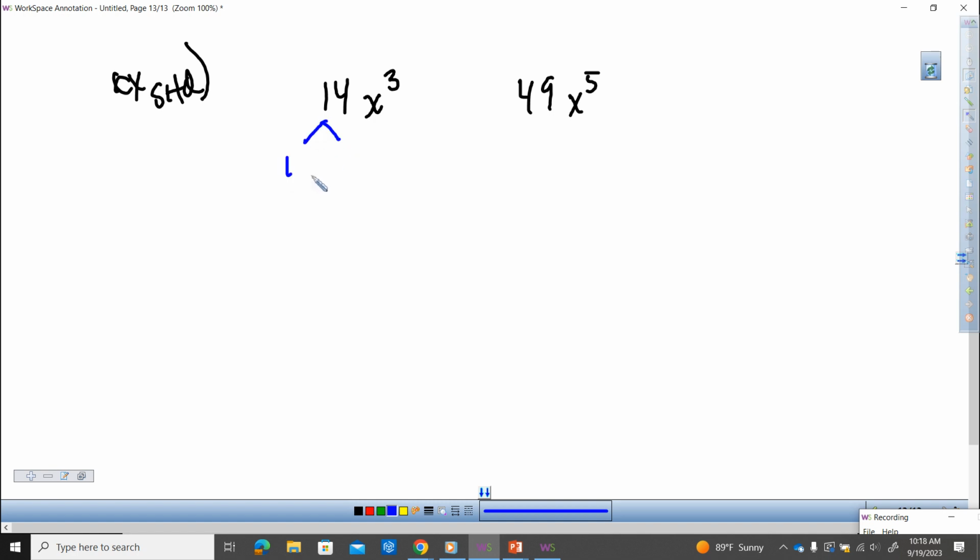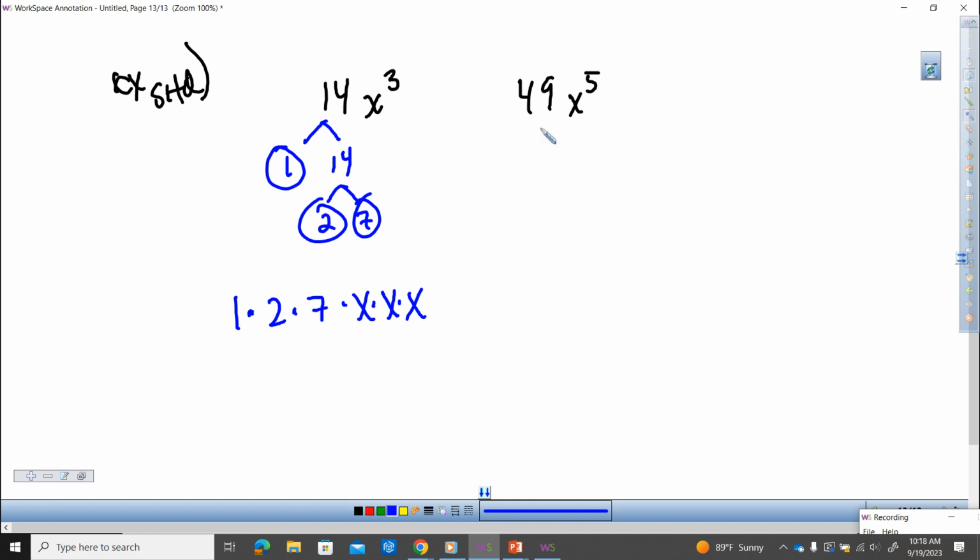All right, let's start with 14. Could it be divided by 1? Yes, 1 times 14. Could it be divided by 2? Yes, 2 times 7. Is 7 a prime number? Can only be divided by 1 and itself? Yes, so we stop there. So my numbers are 1 times 2 times 7. And then what? X times x times x.